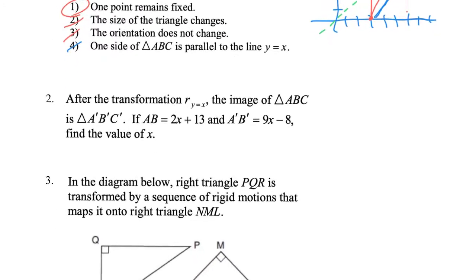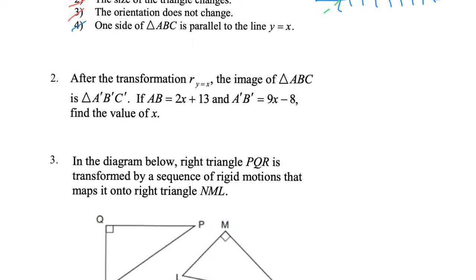All right, number 2. I made a mistake on this one. This is a duplicate from practice number 1. So to refresh your memory, this is a reflection over that same line, y equals x. Since reflection retains side lengths, all we need to do is set both of these expressions equal to each other.